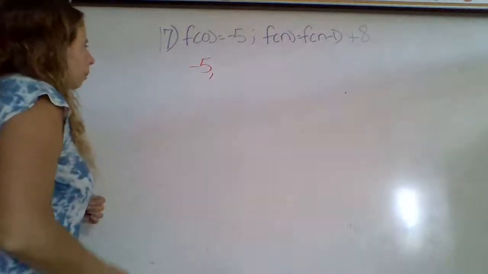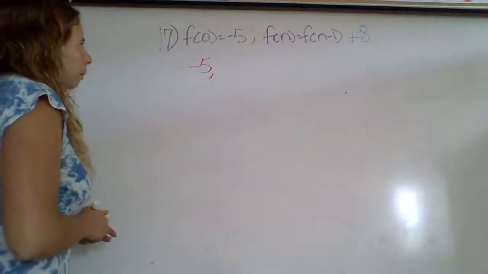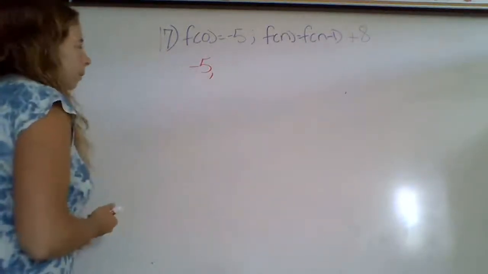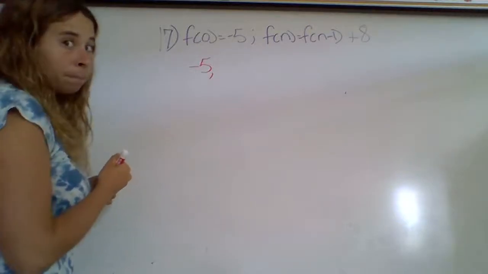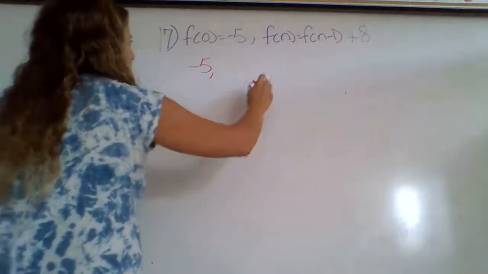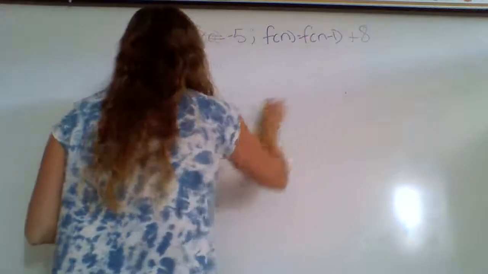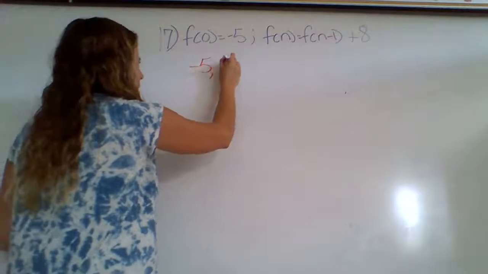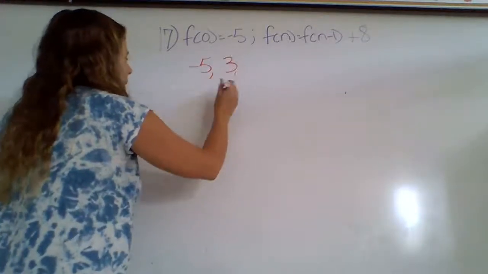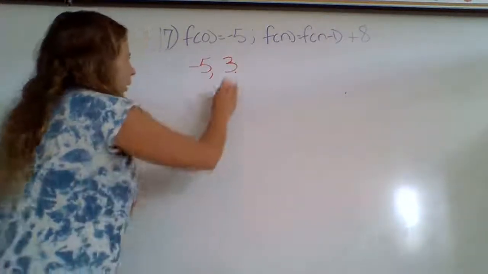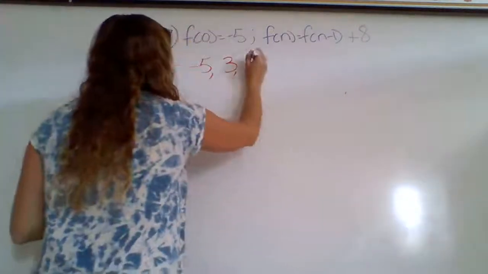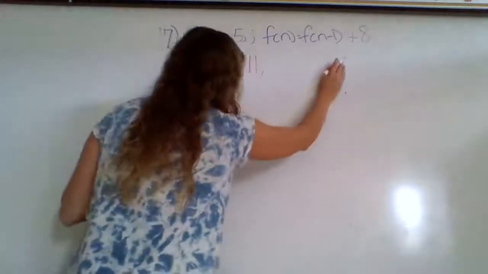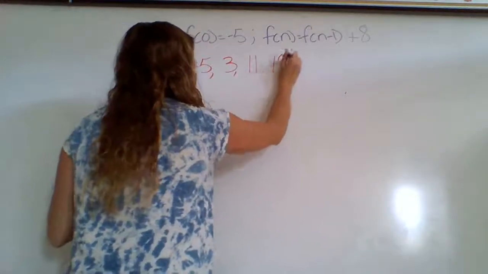And then, how do I figure out the rest of them? They gave me negative 5 to start, but now what? You take the previous term and you add 8. So then negative 5 plus 8, 3. 3 plus 8 is 11. 11 plus 8 is 19.